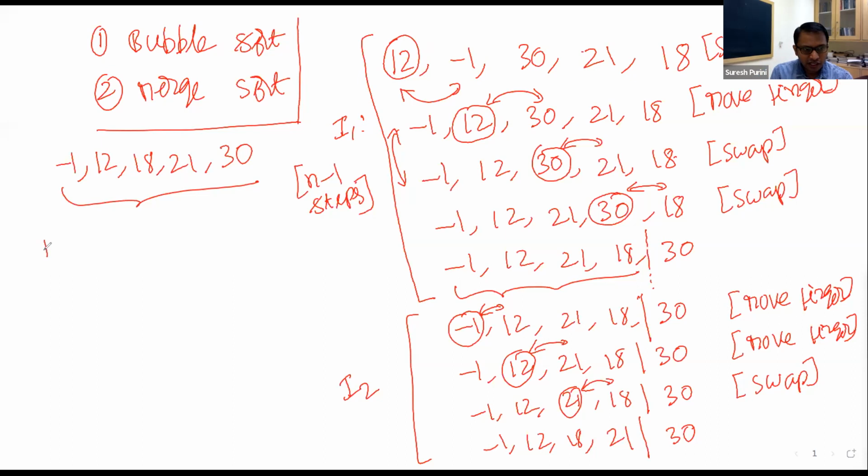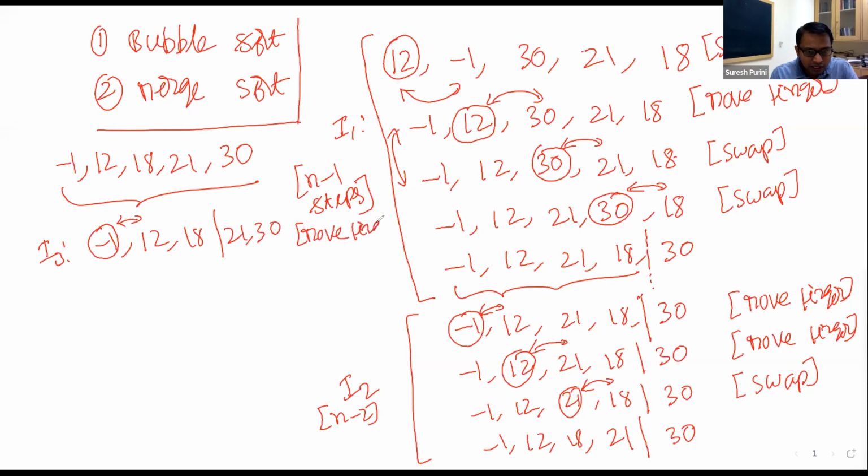So in iteration 3, again, the maximum number of steps is n minus 2 steps. Here we can see minus 1, 12, 18, and 21, 30. We don't look at 21 and 30 here. Now we put our finger on minus 1 and compare minus 1 with 12. Minus 1 is less than 12, so we just move finger.